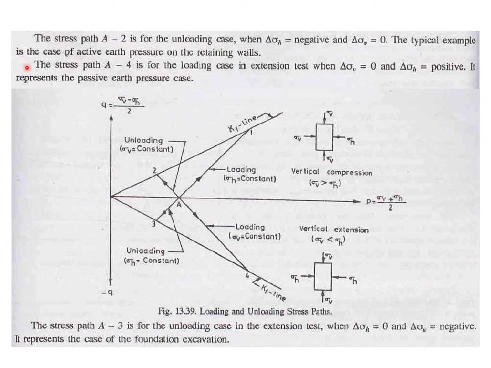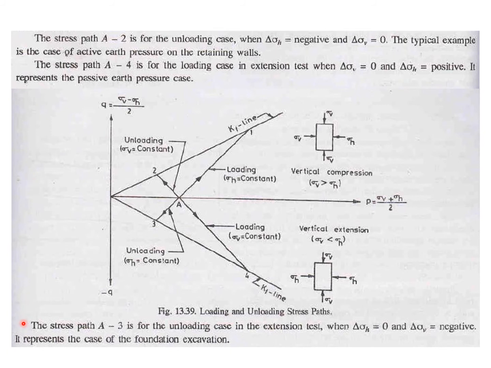The stress path A4, look at that, A4, is for the loading case in the extension test when delta sigma v is equal to 0 and delta sigma h is positive. It represents the passive earth pressure case.